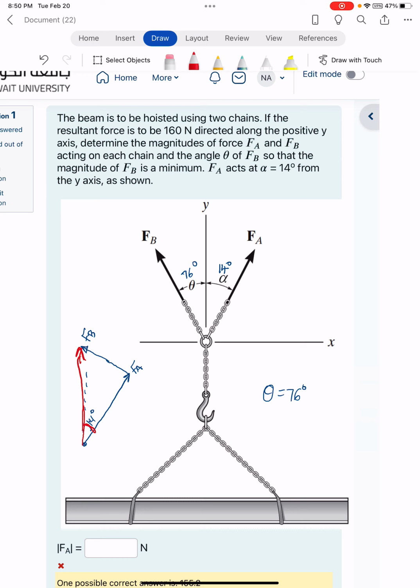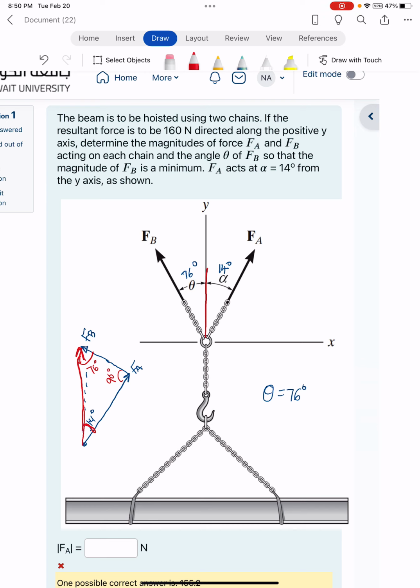This is 14 degrees. And this is the resultant, and you can see that the resultant is on the y-axis, so this is going to be 76 degrees. That has to be 90 degrees. Okay, 76 plus 14 plus 90 has to be equal to 180.